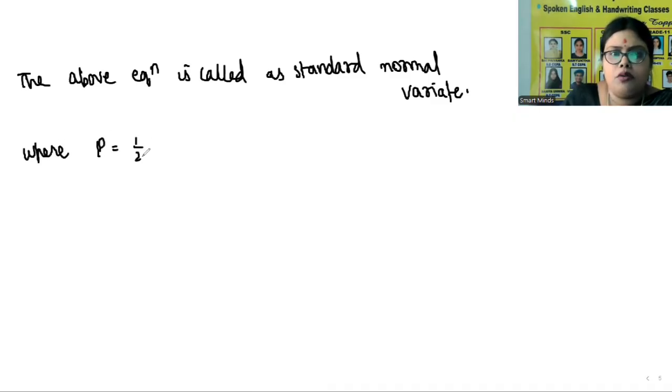Where P is equal to 1 by 2 and Q is equal to 1 minus P, that is 1 by 2.